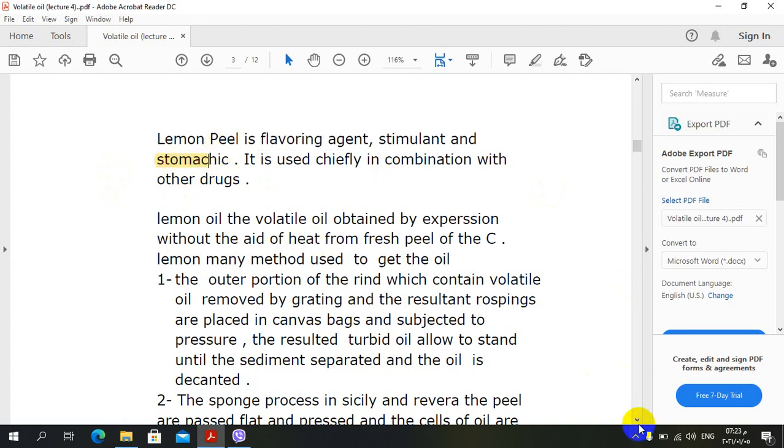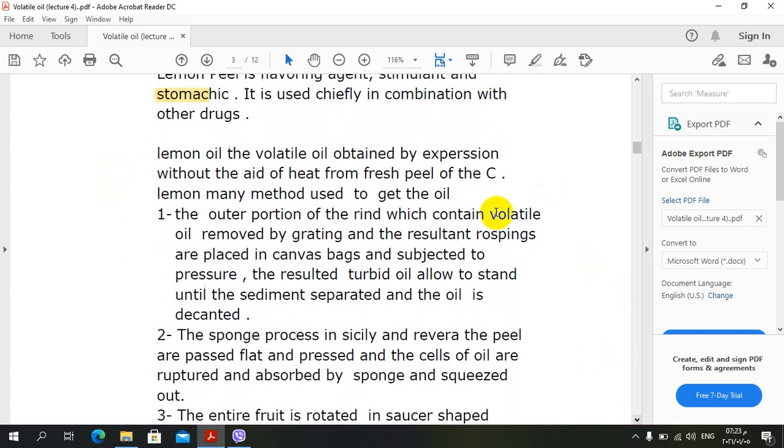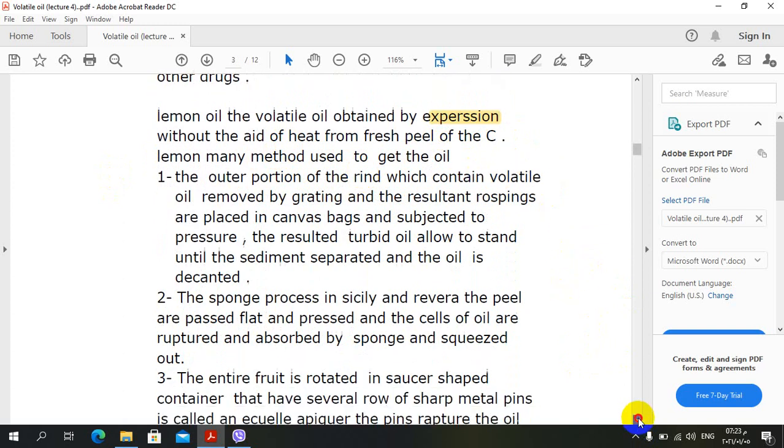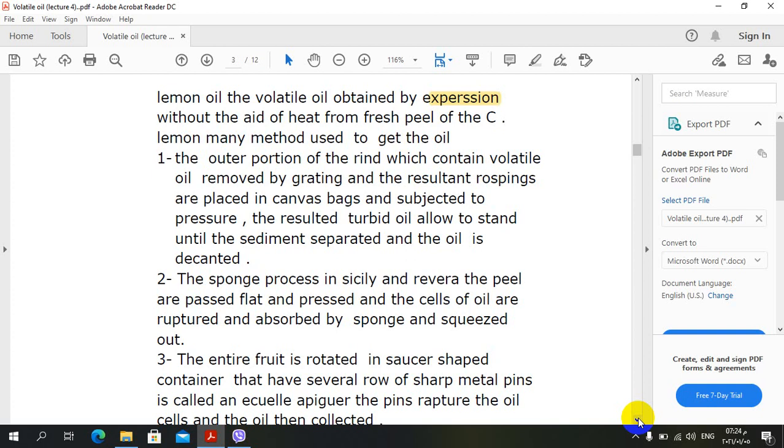the volatile oil obtained by expression without the aid of heat from a fresh peel of the citrus lemon. Many methods used to get the oil. First, the outer portion of the rind, which contains volatile oil, removed by grating, and the resultant rasping are placed in canvas bags and subjected to pressure.